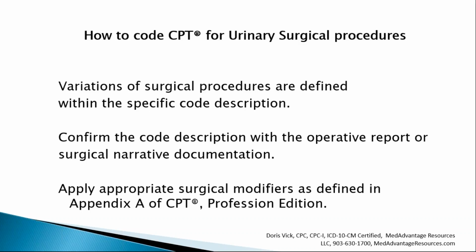Apply the appropriate code for surgical modifiers. These modifiers are 2 digits. They're 2 numerical digits. The definitions you'll find in Appendix A of the CPT Professional Edition. It's over towards the back. Check it out. Tab it. You'll need it in surgical coding.